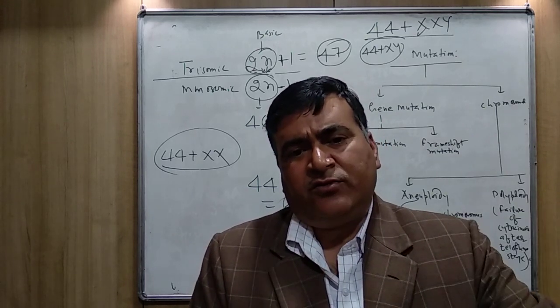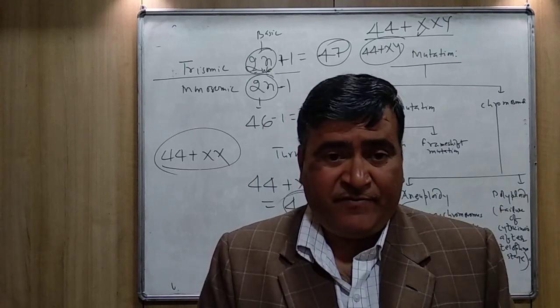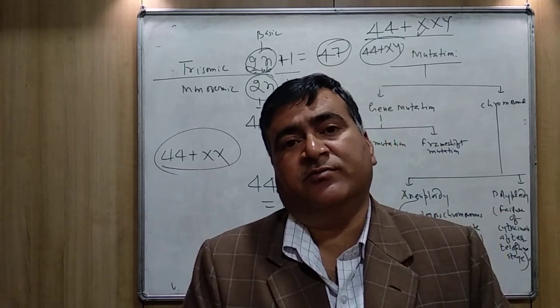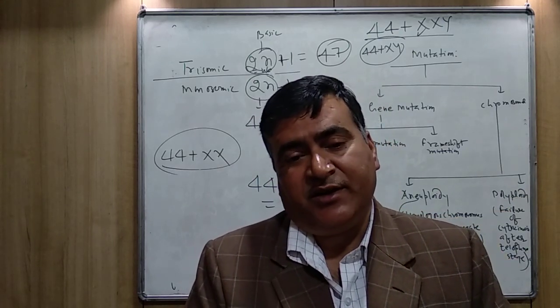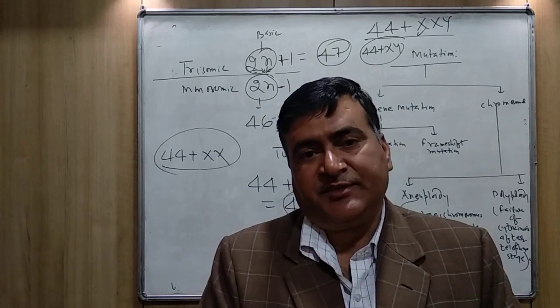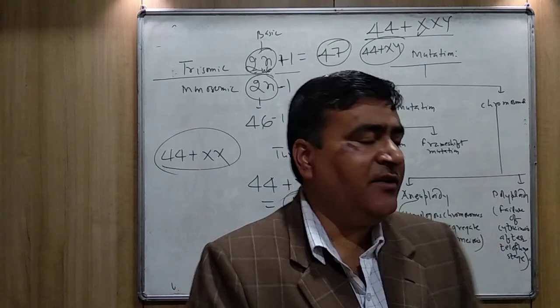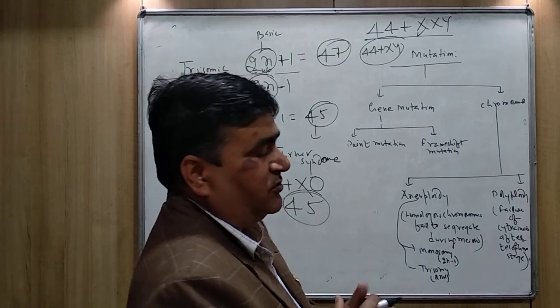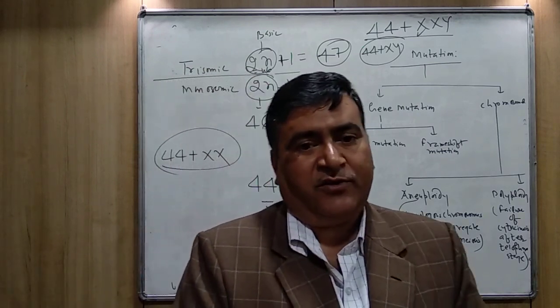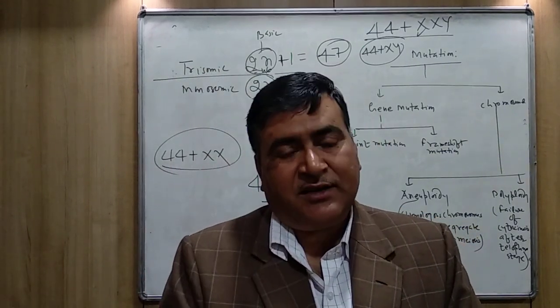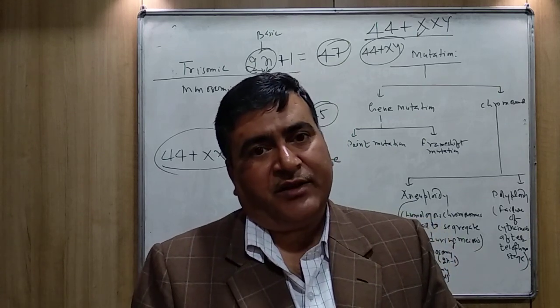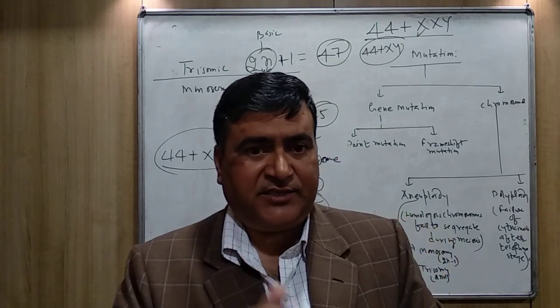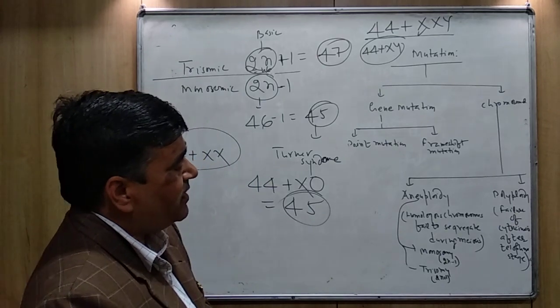But one or two chromosomes may be added into the basic set of the chromosomes, or may be deleted, may be absent, like in the case of monosomic. In monosomic, one or two become less, and in trisomic, it becomes more in the basic set of the chromosomes.